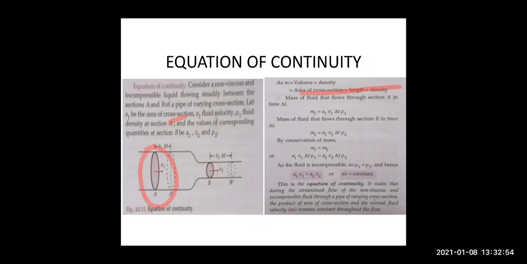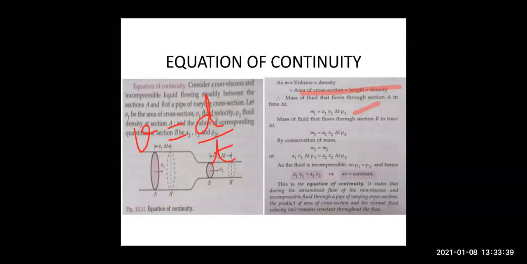So let it be M1. M1 equals area A1 into the length of that cross-sectional area. Here we know that speed equals distance upon time, right?